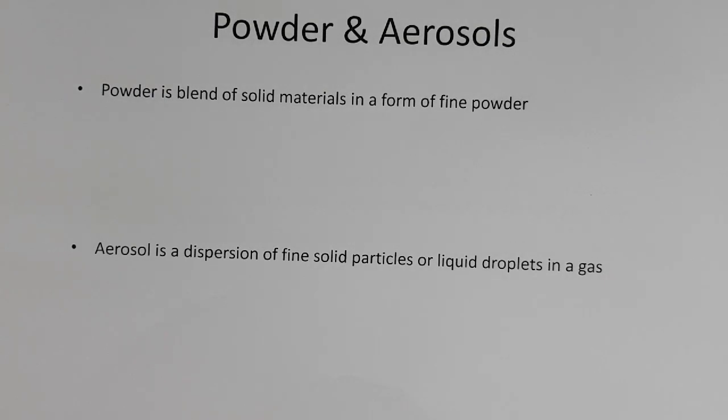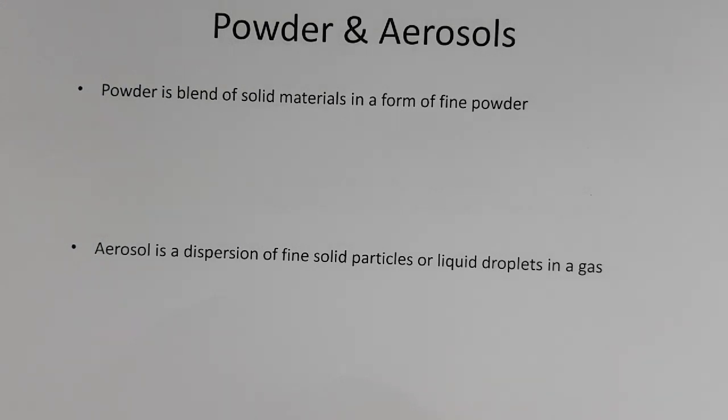Aerosol, when you spray, you get aerosols. It's in a pressurized form inside, and the gas is a propellant. It propels the actives out in the form of an aerosol.